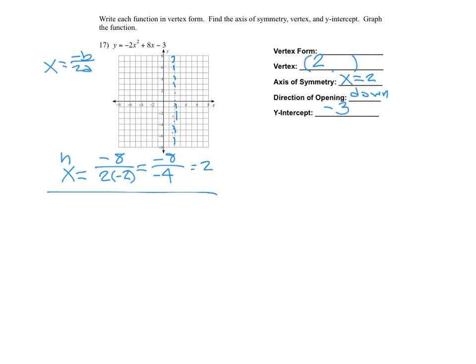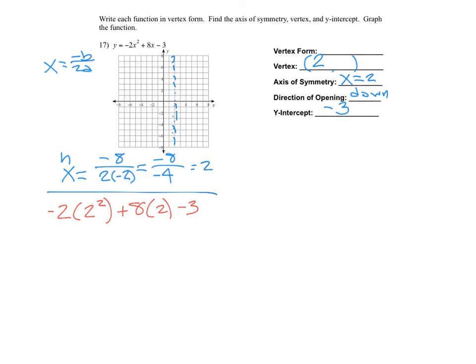Now to get the rest of our vertex, I'm going to take that 2 value and plug it in to my equation wherever I see an x. So I have -2 times 2 squared plus 8 times 2 minus 3. All right, now make sure you do the 2 squared first and then multiply that with the -2.